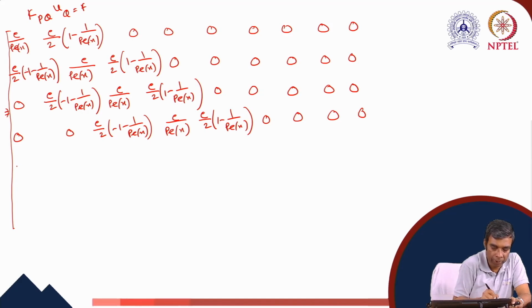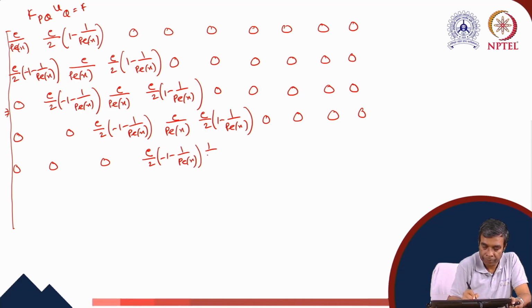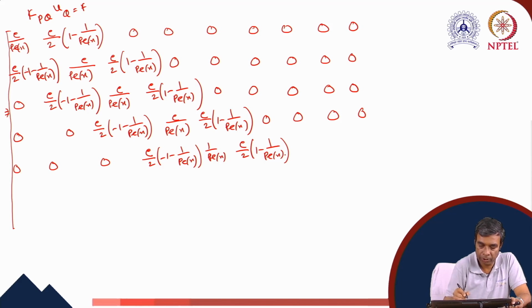Then we go to the fifth equation, 0, 0, 0. We have C by 2 into minus 1 by PEX, C by PEX, C by 2 into 1 minus 1 by PEX. So the remaining 3 terms are all 0.